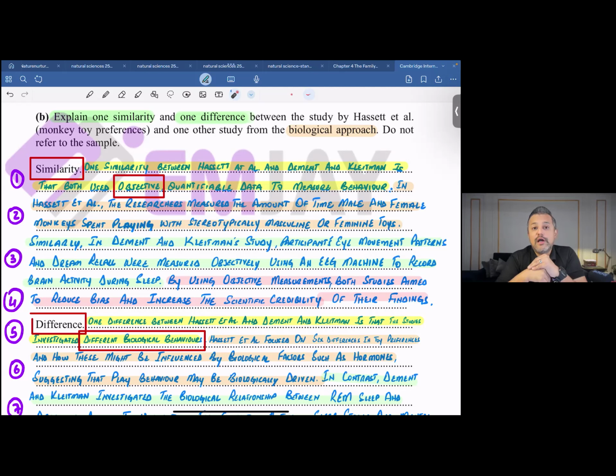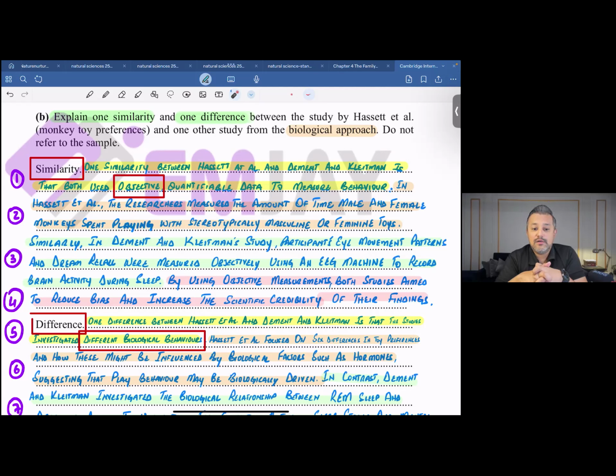But if you have a look at the pre-2024 papers, I'm aware that there has been a change in the syllabus. I'm aware that core studies have changed. There are certain other things that have changed as well, but nowhere does the examiner say that you would only get a question on a similarity and difference.